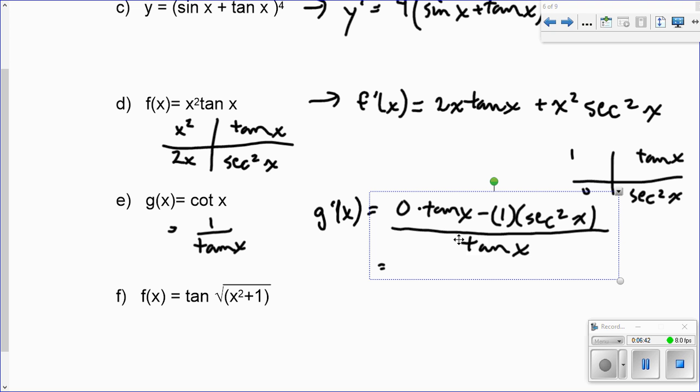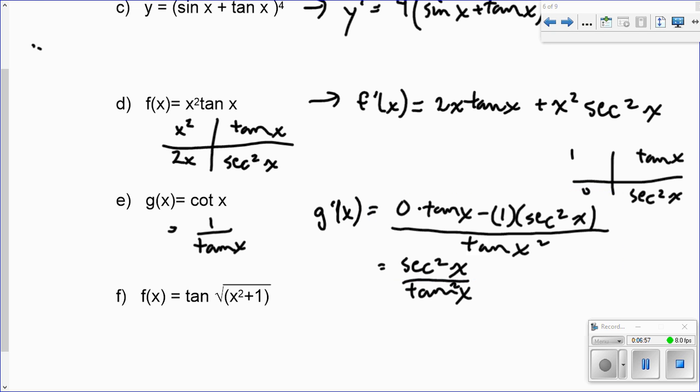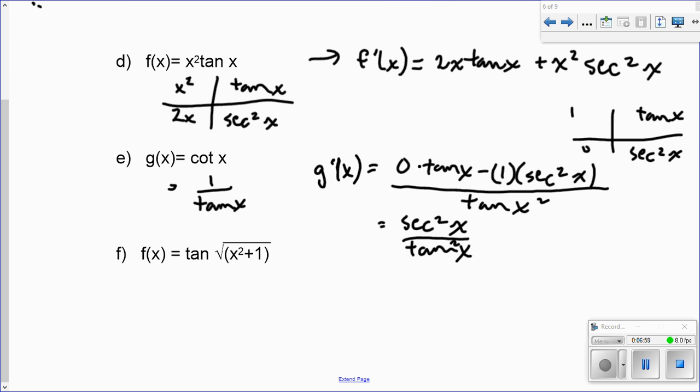Simplify the 0, okay, I have negative secant squared x over tan squared x.